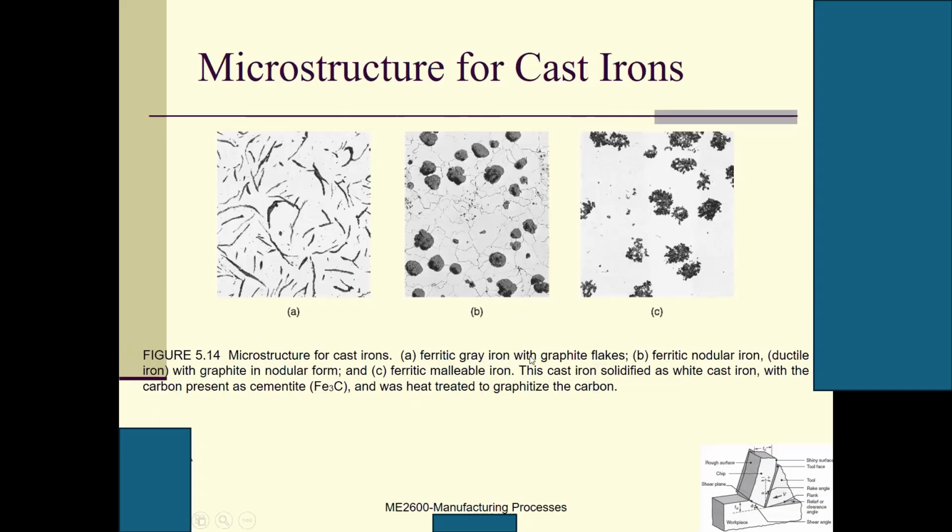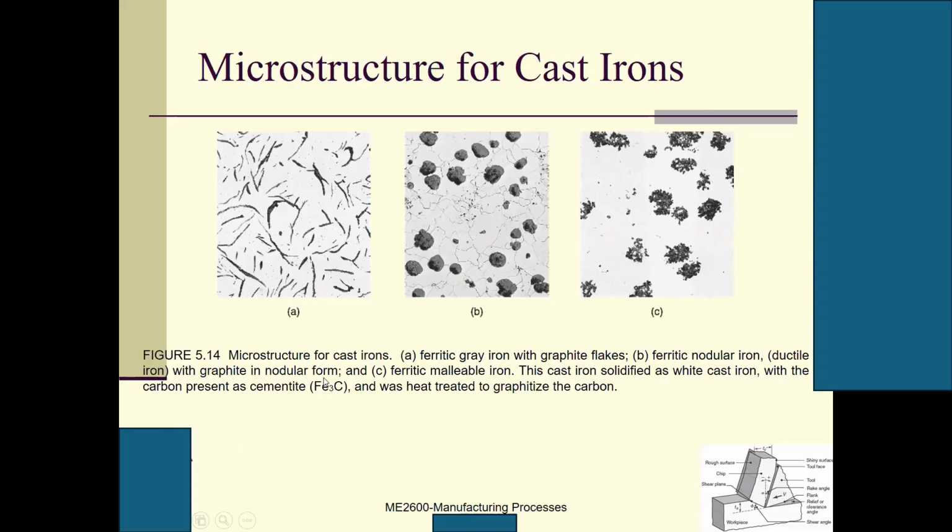For this one, ferritic gray iron with graphite flakes. For this one, ferritic nodular iron, the ductile iron with graphite in nodular form, this is graphite. This one, the ferritic malleable iron, solidifies as white cast iron with the carbon present as cementite.